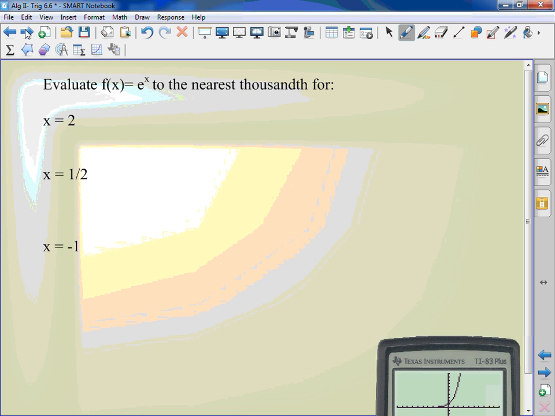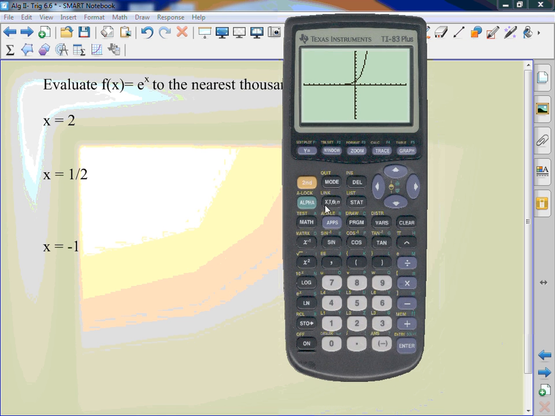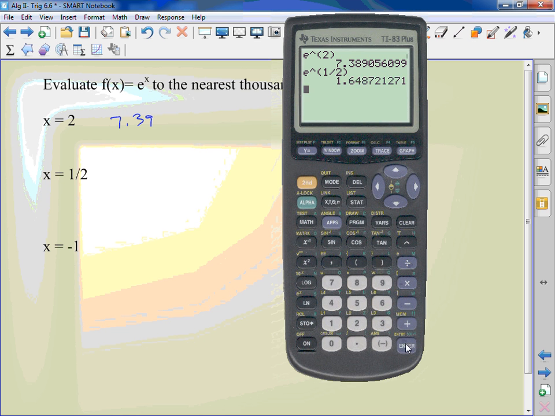Find out what e to the 2 is, e to the 1/2, e to the -1. In the calculator, second ln 2, close the parenthesis, enter. This one is about 7.39. e to the 1/2, close the parenthesis, 1.65.